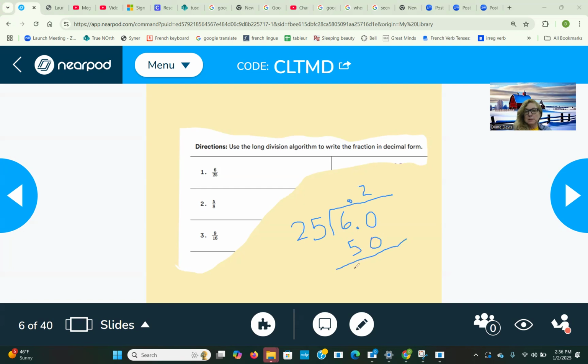Okay, so that's 10 left over. Of course, 25 doesn't go into 10, so we pull down a 0. 25 goes into 100 4 times. So the way you write that, go from fraction to decimal, is you divide it like that and you get your answer, and that would be 0.24.